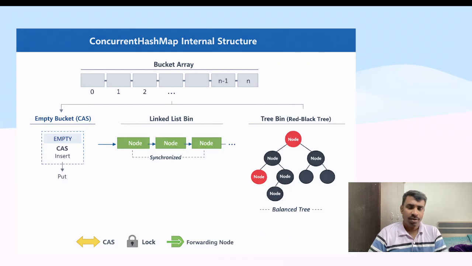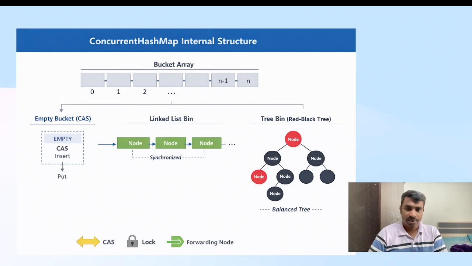Then if you keep on inserting, it will gradually convert into a linked list. So we can keep on inserting, nodes will get added to the linked list. Once the linked list reaches a threshold, we have a threshold for treeification.